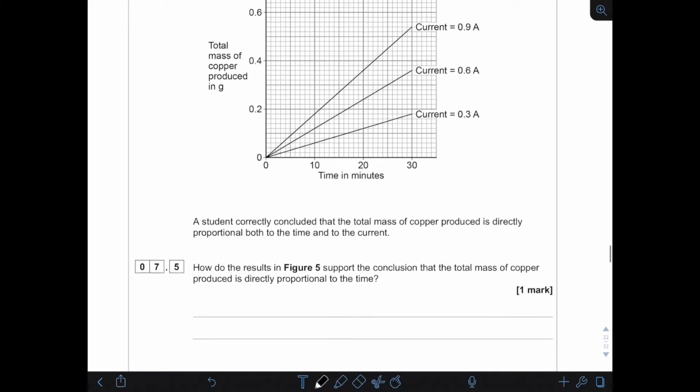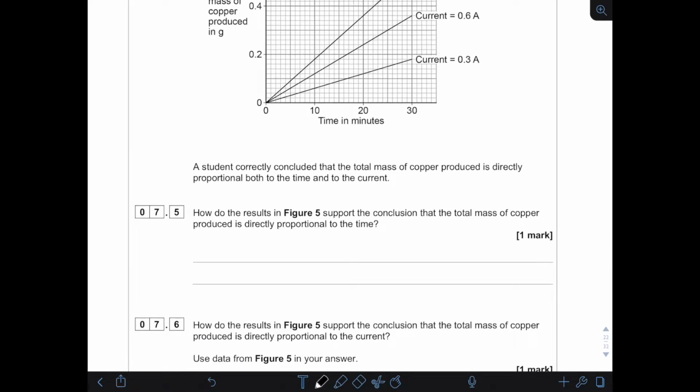That's essentially just the definition of directly proportional. This is actually a math question. I can spell origin correctly. So yeah, that's just the answer, because these lines are all straight lines through the origin, therefore it is directly proportional.